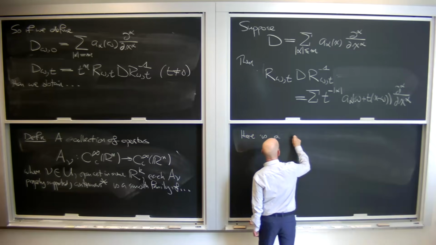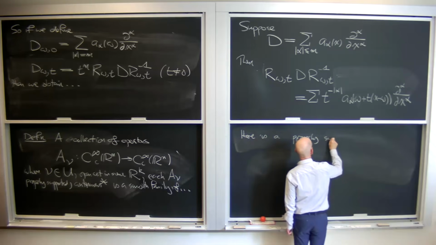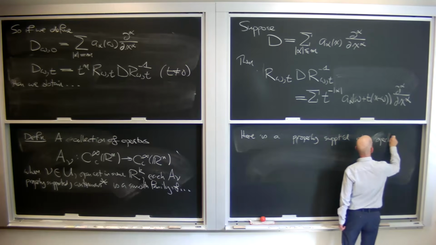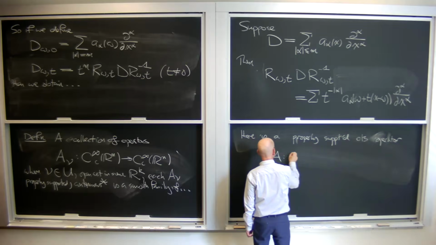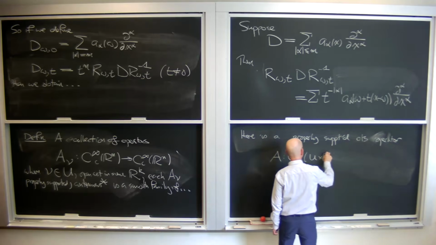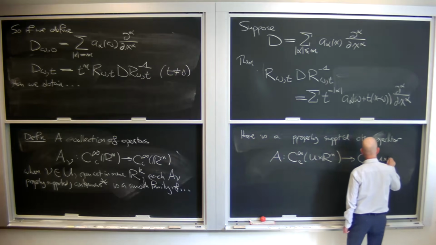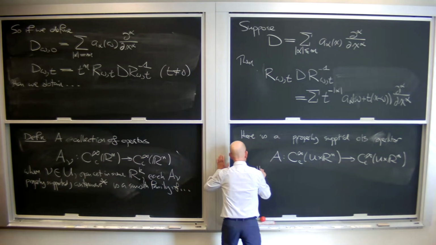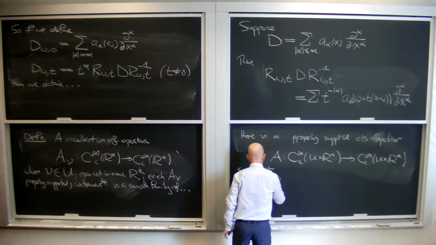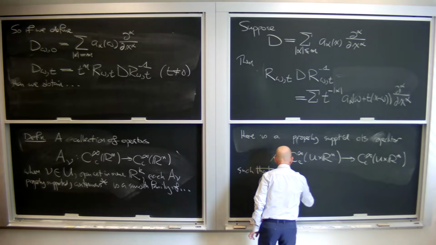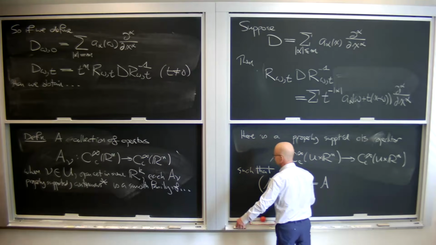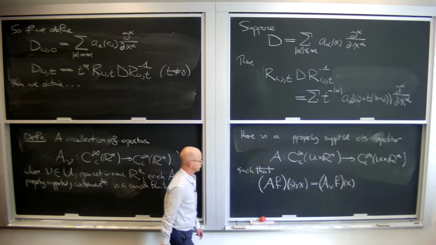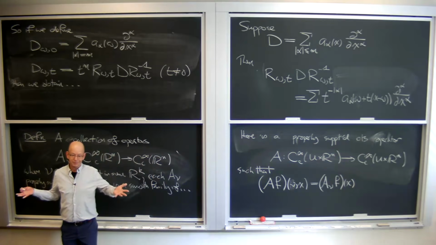If there is a properly supported continuous operator, let's just call it A, not A nu, from test functions on U times Rn to test functions on the same, such that the obvious thing holds: A of a function f in this space, evaluated at the point nu, x, is equal to A nu of f evaluated at x. Okay, it's the obvious thing.